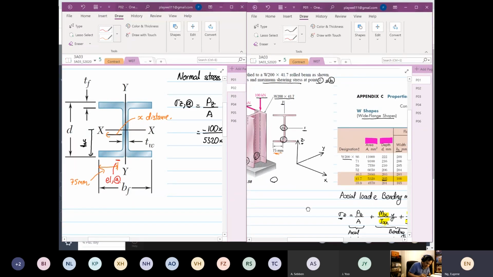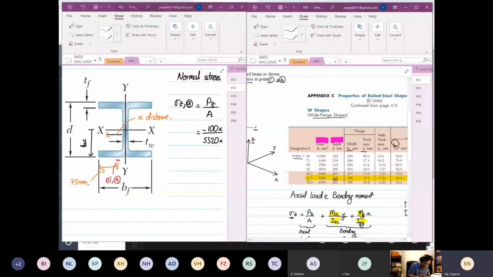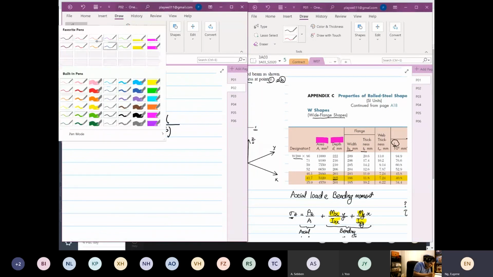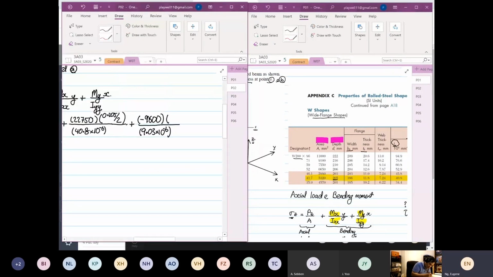And the BF over here is 166 millimeters. So this distance is what we want to find. That distance will be equal to 0.166 divided by 2 minus 75 times 10 to the power minus 3.